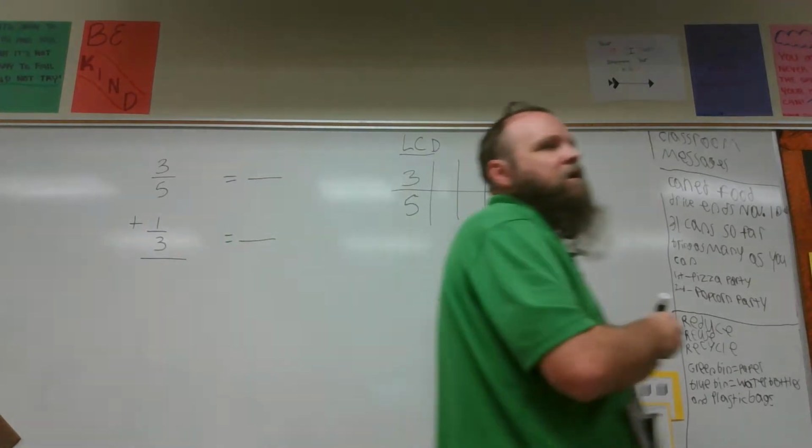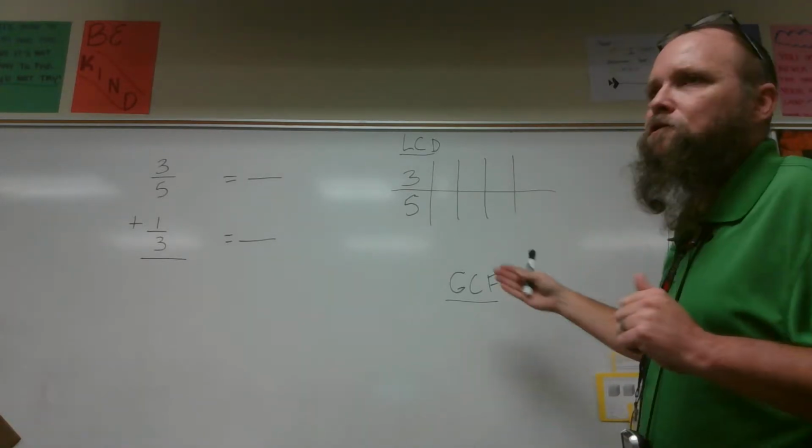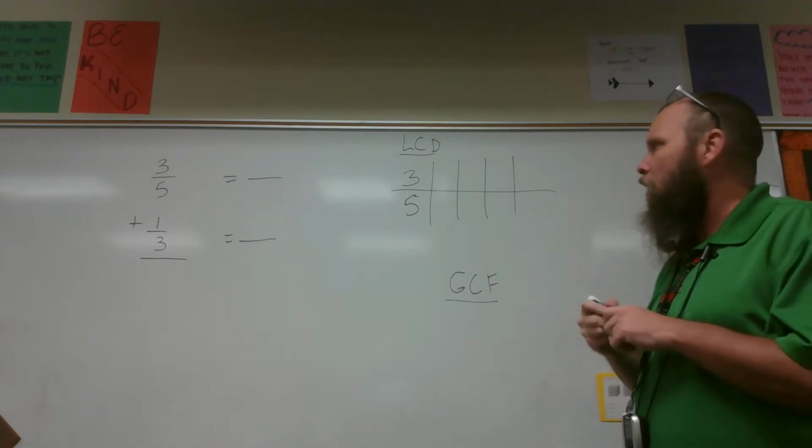And finding our least common denominators, Kayla, we just kind of count by those numbers until we find the first number that shows up in both rows. So let's count by some threes for me for a little bit.